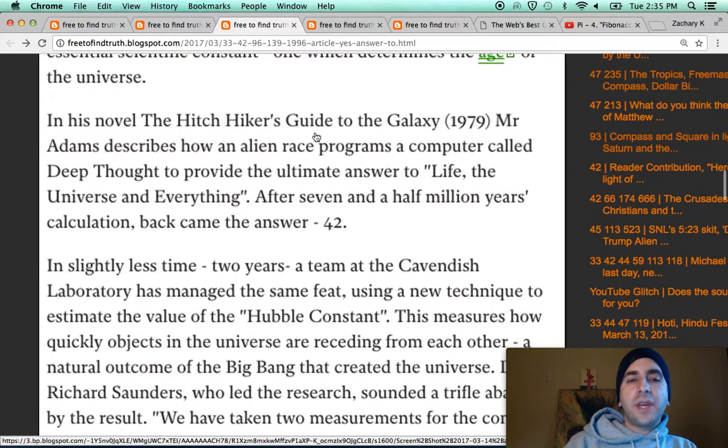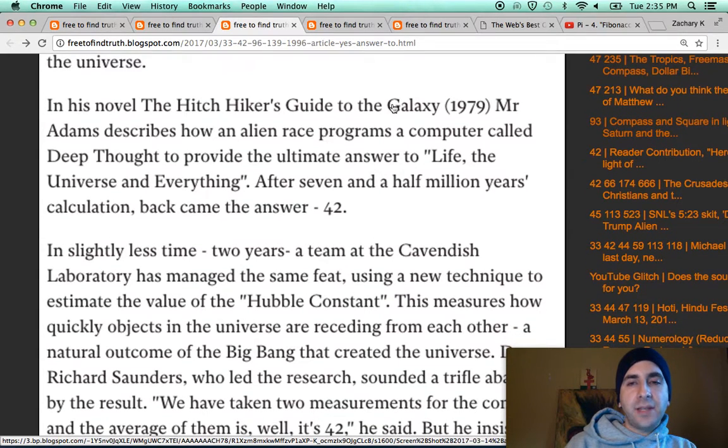In his novel, The Hitchhiker's Guide to the Galaxy, from 1979, Mr. Adams describes how an alien race programs a computer called Deep Thought. Who wants to guess the gematria of Deep Thought? To provide the ultimate answer to life, the universe, and everything.